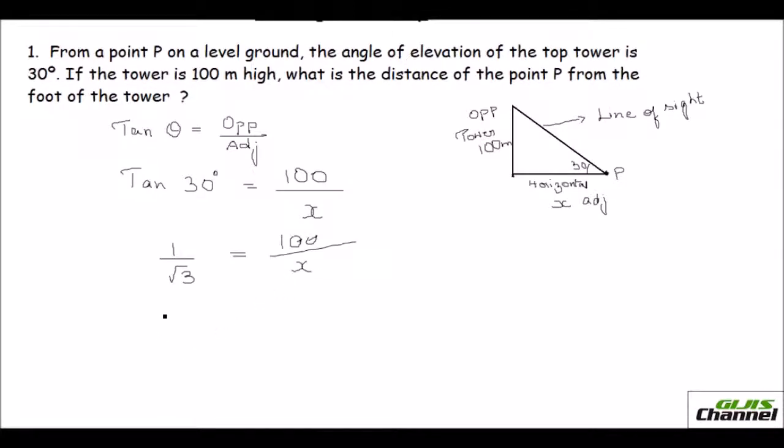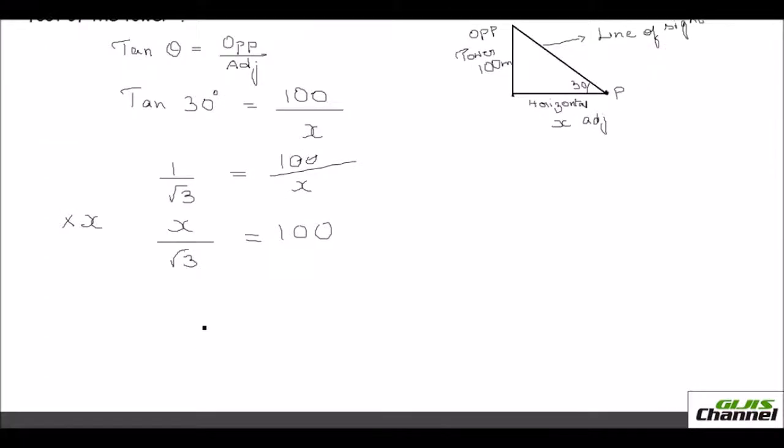Now, how do we solve for x? Use algebra here. Multiply throughout by x. In the next step I would get x over root 3 equals 100, right? The x on my right side gets cancelled when I multiply it with x. Next, I'm going to bring the root 3 to the other side, so I multiply again by root 3 this time.